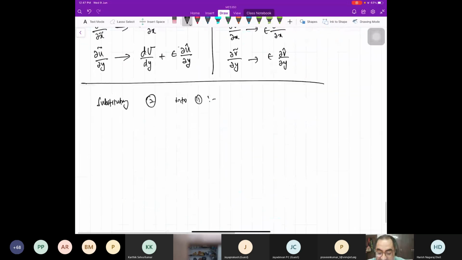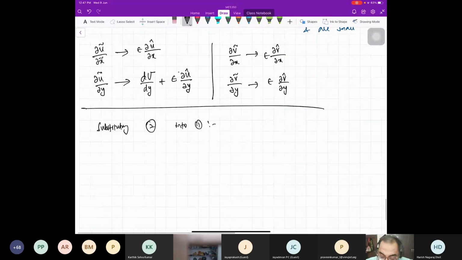Then I'm going to get slightly more complicated equations, but let's look at them. I will get del u hat by del x plus del v hat by del y is equal to 0. Then I'm going to get del u hat by del t.